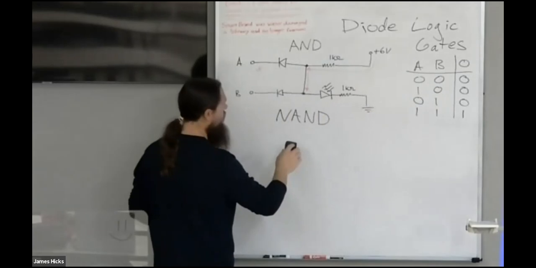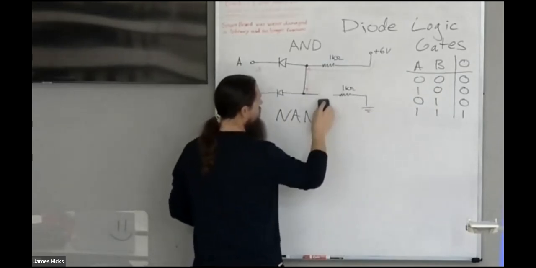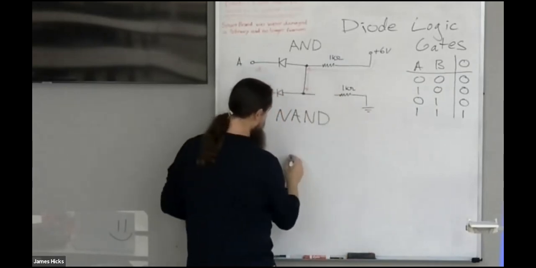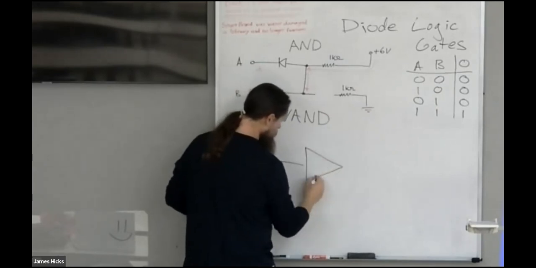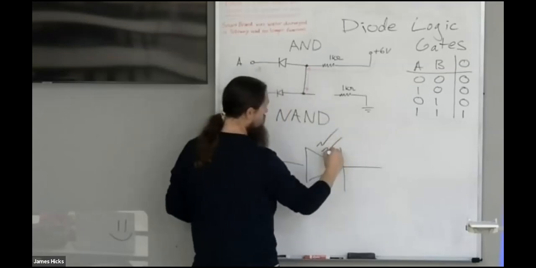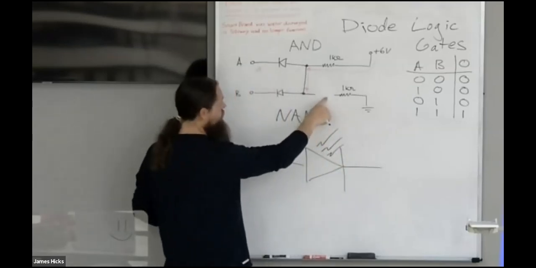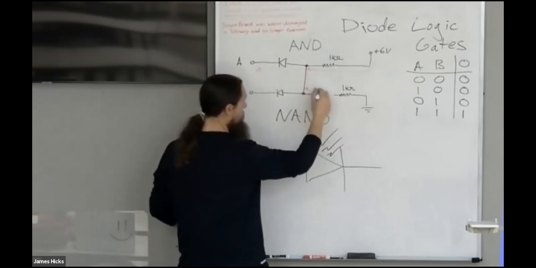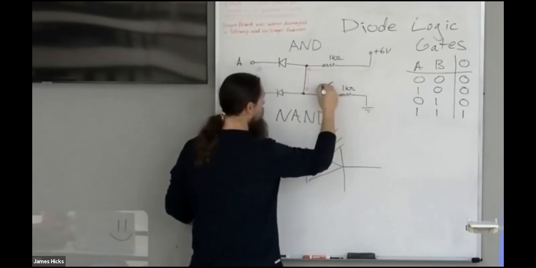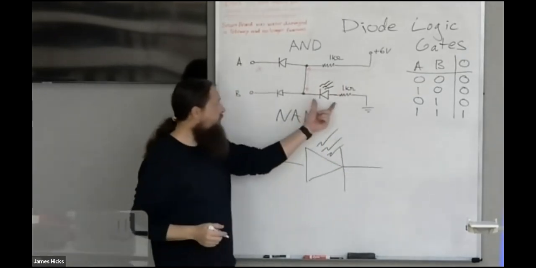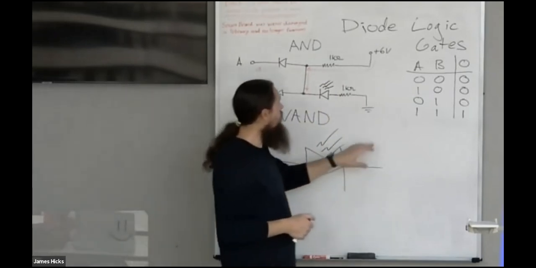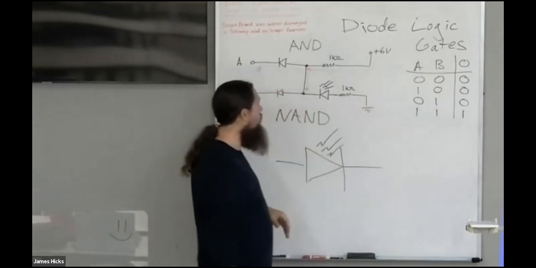So to make our AND gate the NAND, this LED that I just erased, it was here. You just flip the polarity of that diode. And that ends up having the effect of flipping all of these polarities.